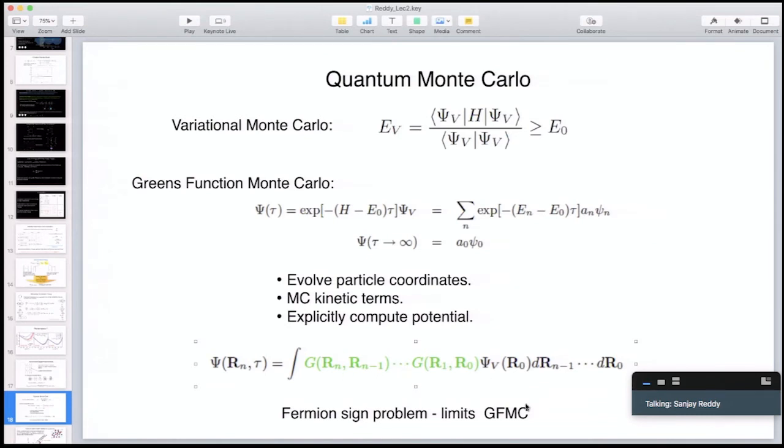Now, in principle this is an exact method, but for fermions it is not exact, because there is a problem with trying to evolve this for large time. For very large imaginary time, you don't end up with the ground state, but you end up with large fluctuations because of something known as the sign problem. You may have heard about this from other lecturers.